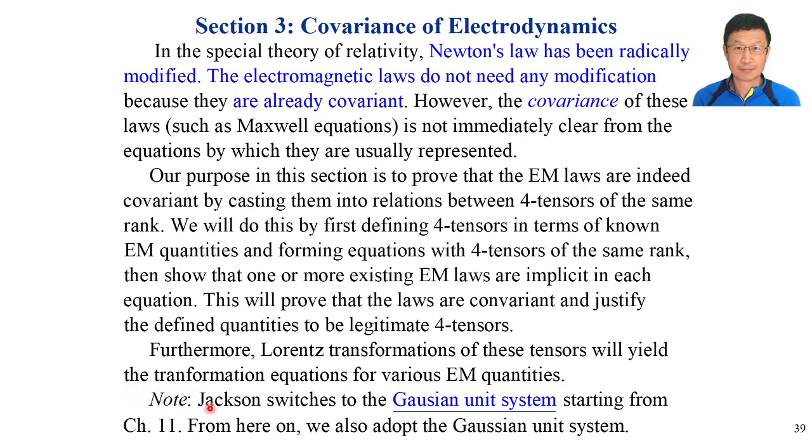Unfortunately, Jackson switches to the Gaussian unit system starting from chapter 11. From here on, we also adopt the Gaussian unit system. Jackson used the Gaussian unit system before, but his good friend Griffiths recommended he switch to the SI unit system. And eventually, Jackson compromised. So from chapter 1 to chapter 10, he adopted the SI unit system.